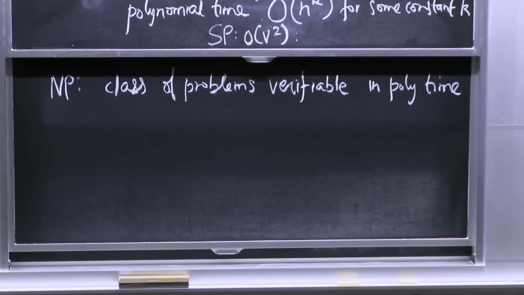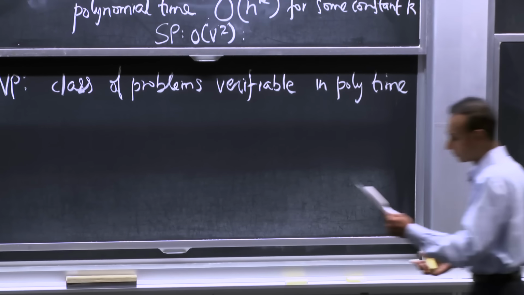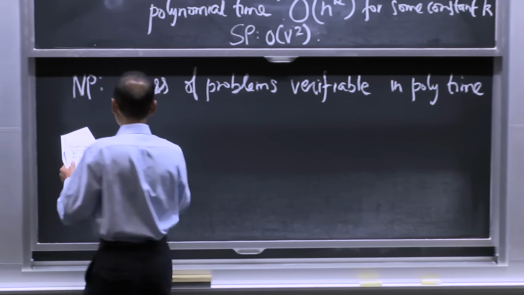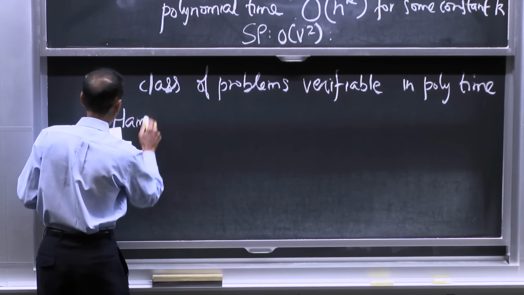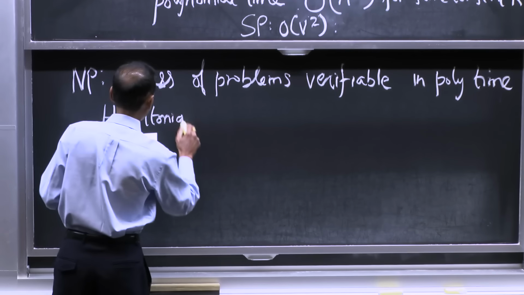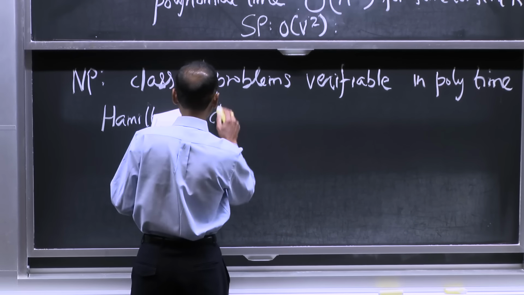An example of a problem in NP that is not known to be in P is the Hamiltonian cycle problem.